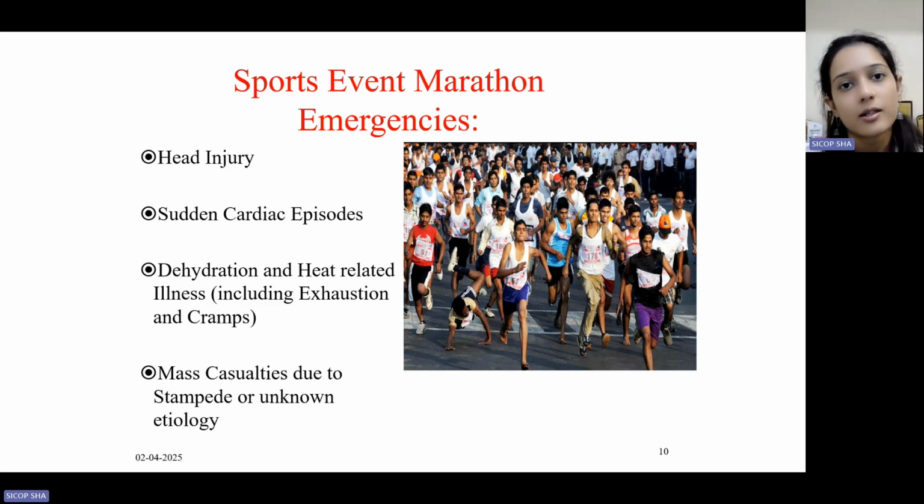So green signal is for minor injuries and ambulatory participants who are able to walk. Then yellow, non-life threatening injury but requiring medical attention. Red are life threatening injuries requiring immediate care, and black are unresponsive without chance of resuscitation.